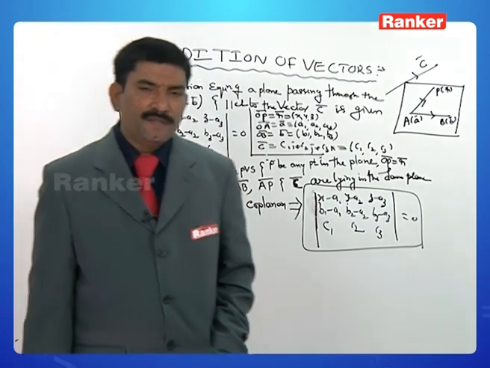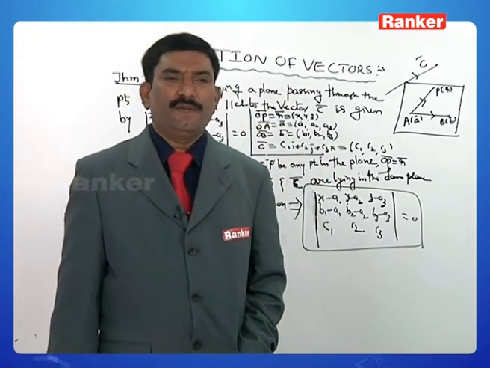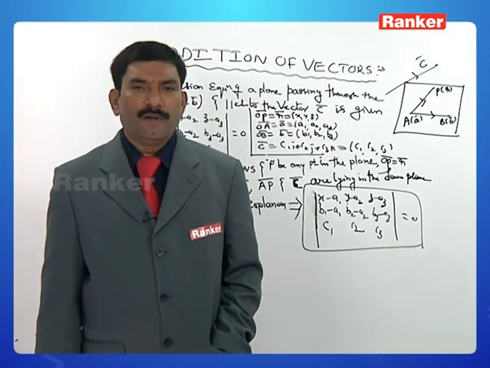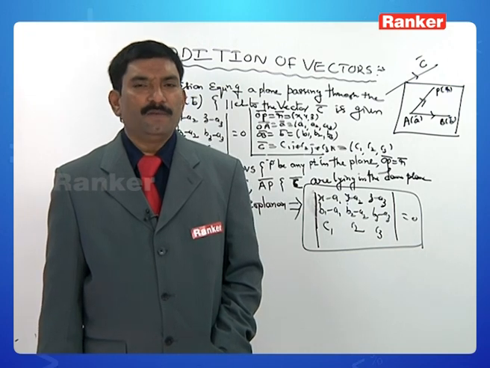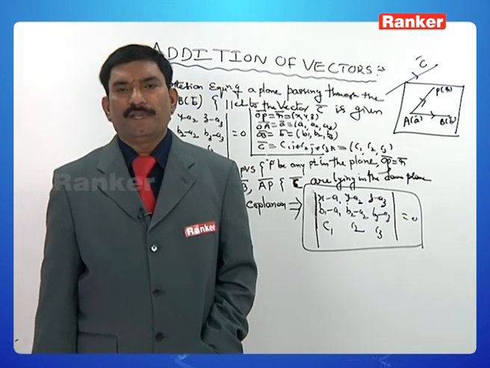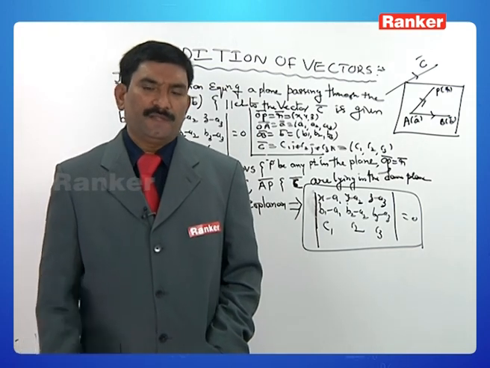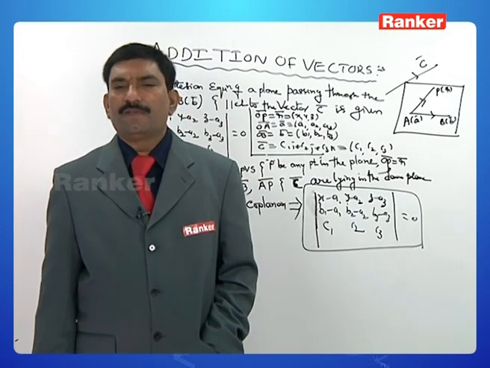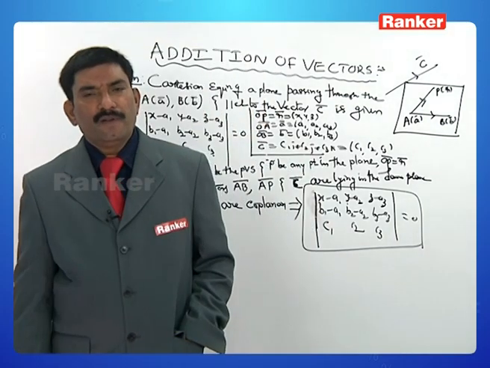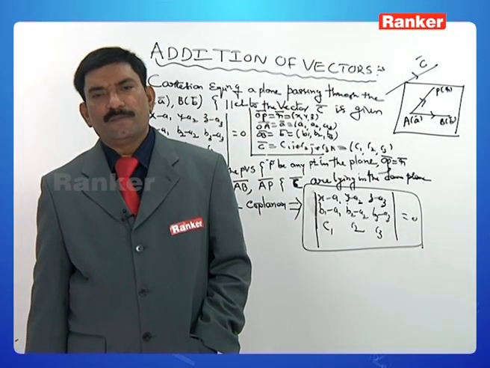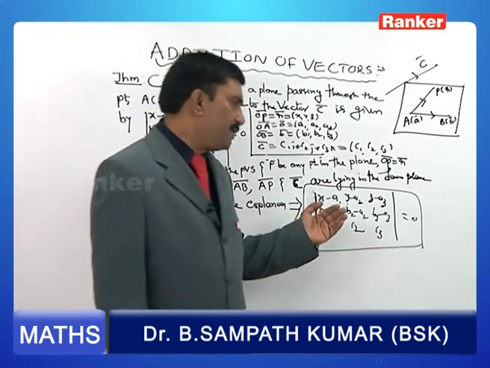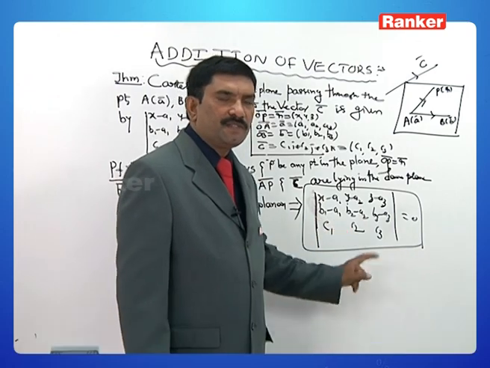Yes, students, up to now we come across the two equations of the planes. One is the vector equation of a plane passing through the point A bar, and parallel to two vectors B bar and C bar is given by R bar is equal to A bar plus SB bar plus TC bar. Next, just now we discussed the vector equation of a plane passing through 2 points and parallel to one vector is R bar is equal to 1 minus S into A bar plus SB bar plus TC bar, and the Cartesian equation of a plane passing through these 2 points and parallel to one vector is this.